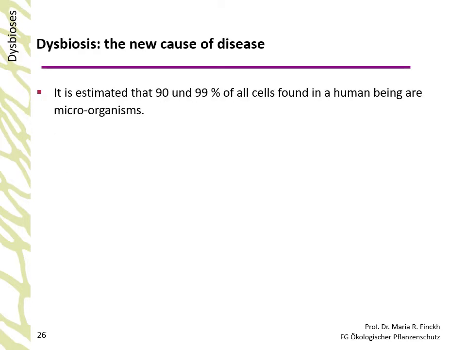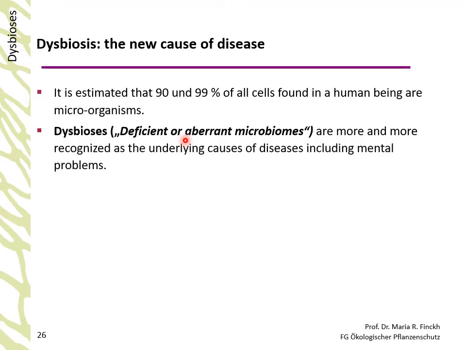And now I come to dysbiosis, the new cause of disease. As I pointed out before, we have a lot of microorganisms inside our bodies. The estimates are that 90% of the cells found in a human being are microorganisms. Dysbiosis are deficient or aberrant microbiomes, and they are more and more recognized as the underlying causes of diseases, including mental problems.